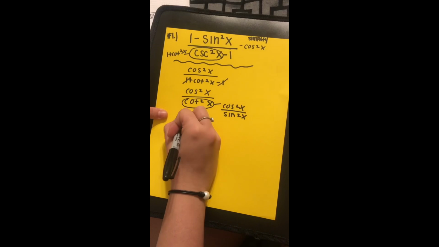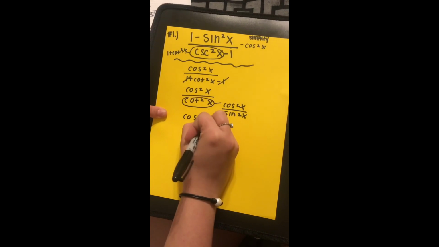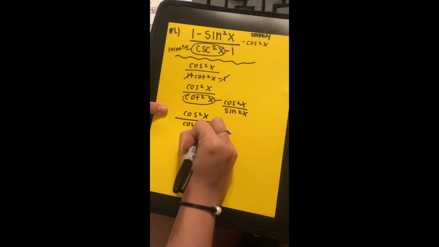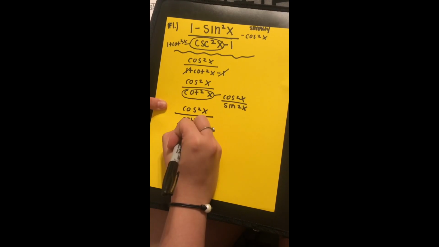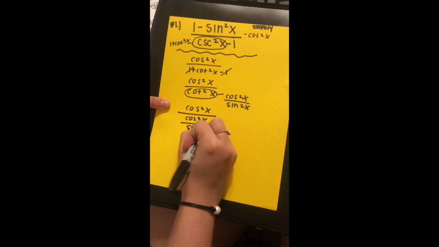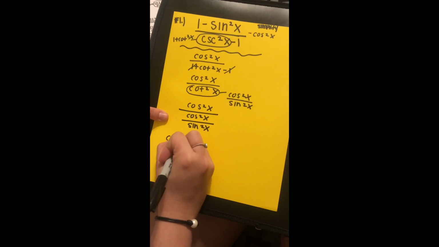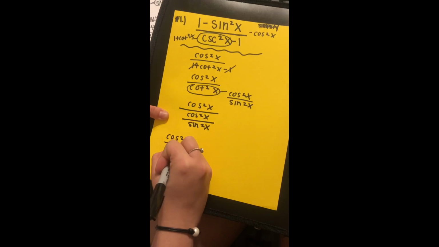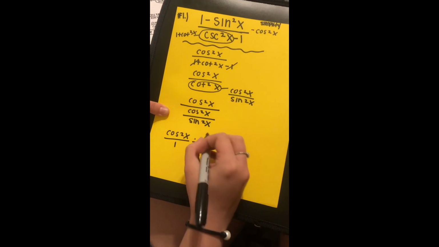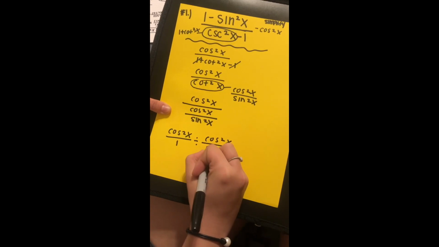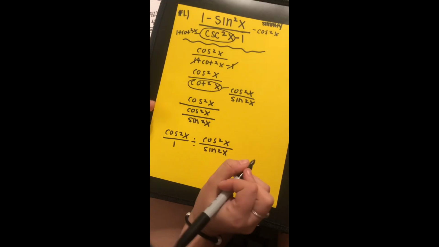So now we're going to rewrite this as cosine squared x over cosine squared x divided by sine squared x. And this is cosine squared x over 1 divided by cosine squared x divided by sine squared x.